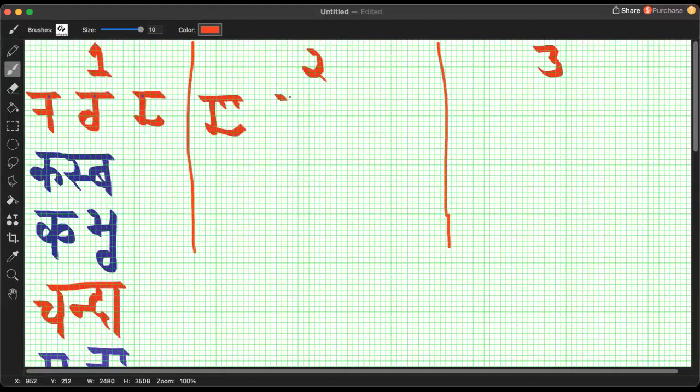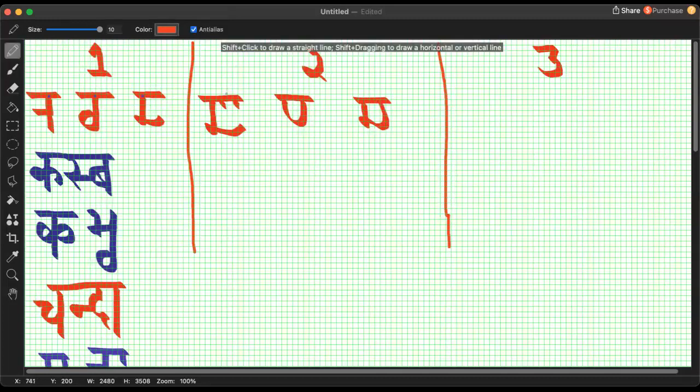and tha, then ch. If you see the rule of conjunct here, it is touching more than once, in the sense 1, 2, and 3.